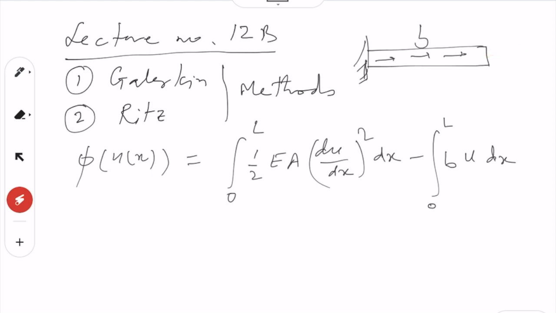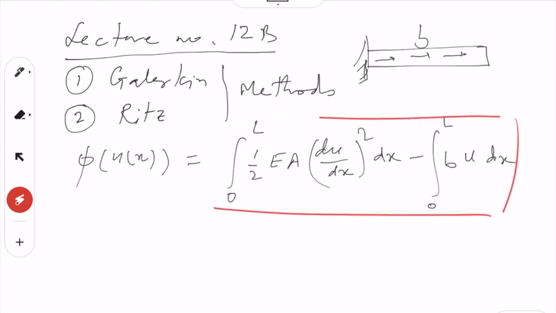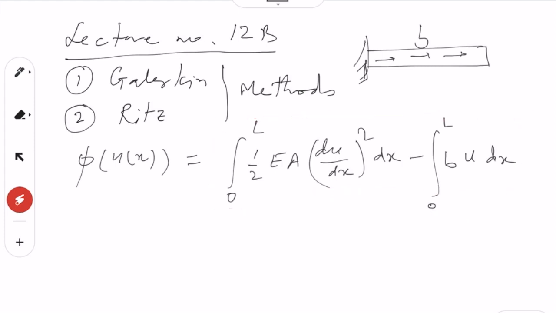Now I want to show that this equation is nothing but the same as the strong form. We can actually formulate the strong form and weak form from here. For example, the weak form is very easy to get from here. And how can we get that?